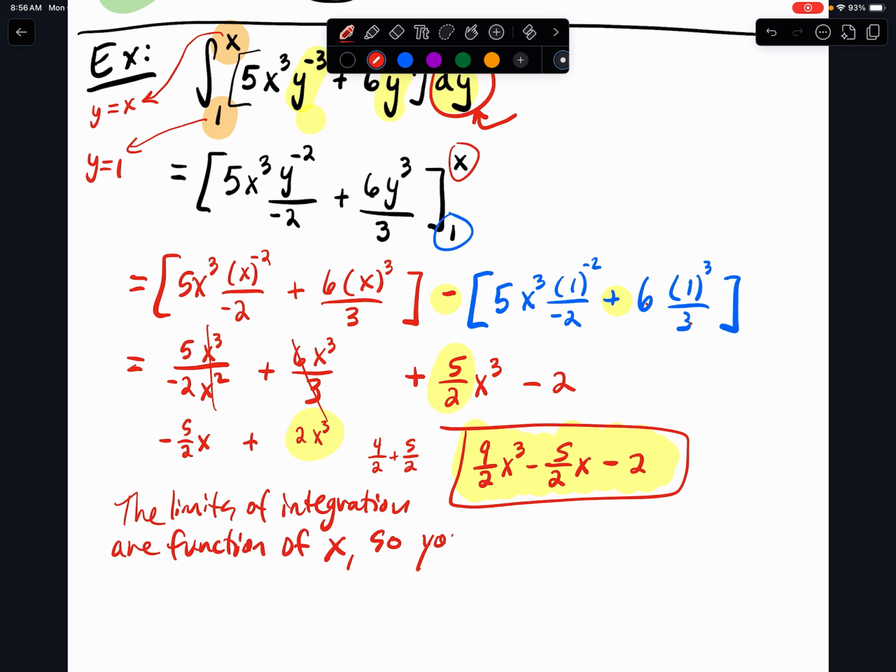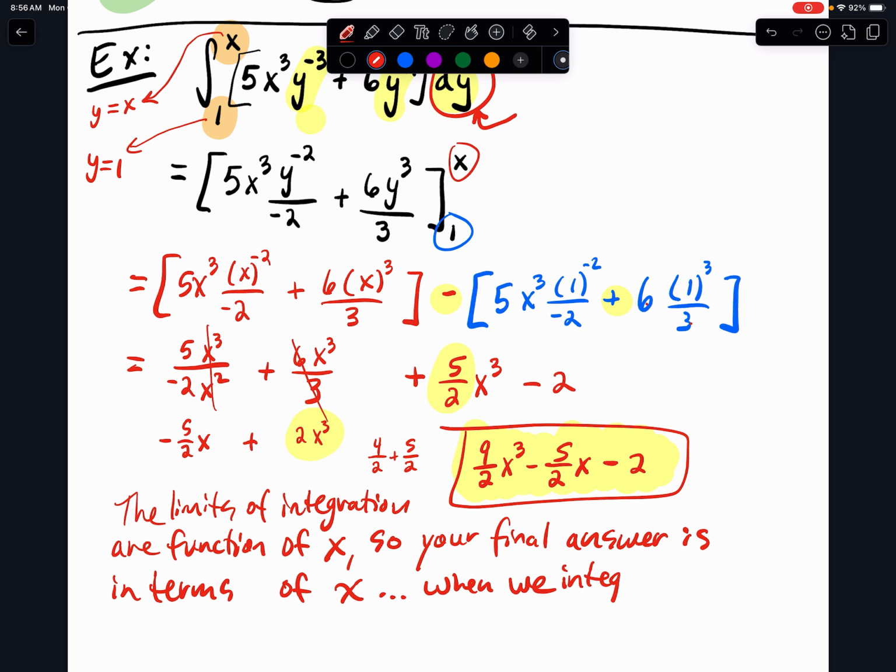So your final answer is in terms of x when we integrate with respect to the y variable dy. Okay? All right.